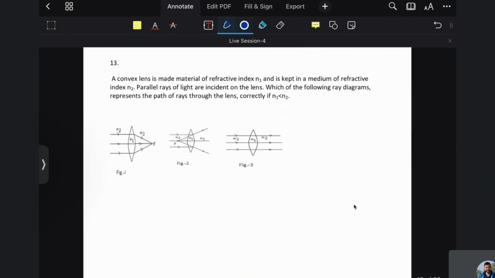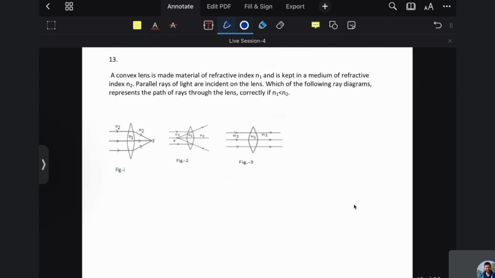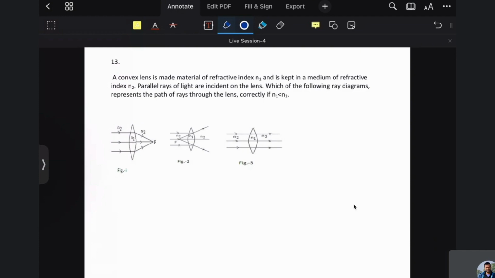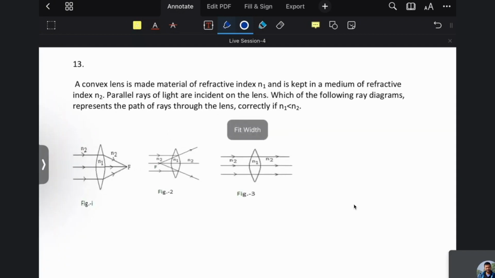So I'll ask this. So you guys will tell me what is the answer of this problem. It's a very simple question. There is nothing to solve here. Okay. So the question is, a convex lens is made of a material of refractive index n1 and is kept in a medium of refractive index n2.